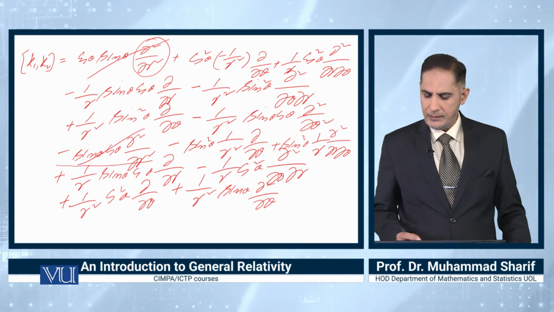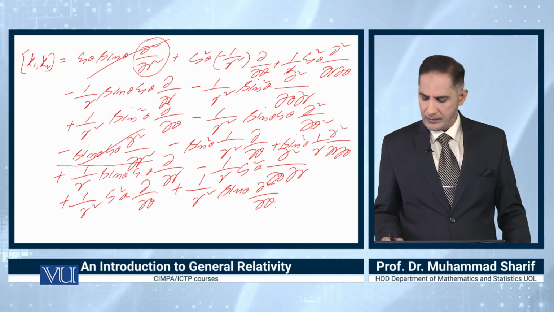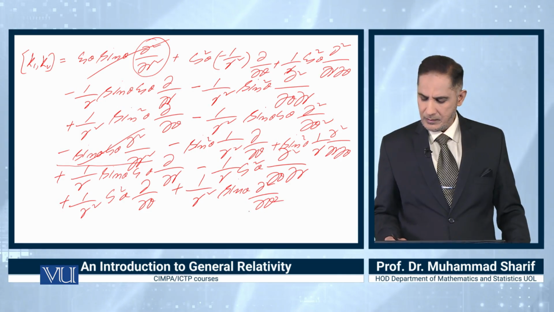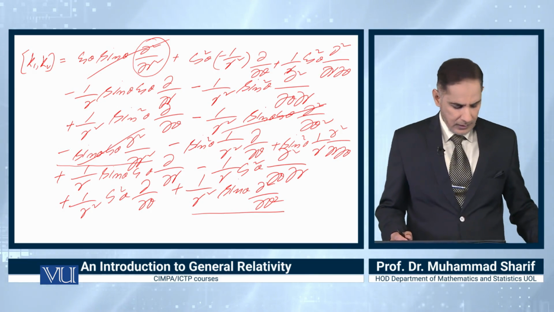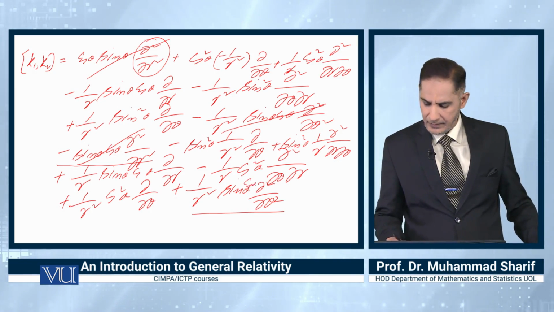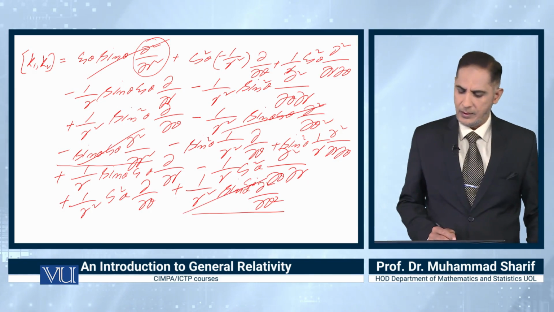Next we see partial square, this type of terms, partial square by partial theta square. Here you can see this should go, I mean this is here cos theta. Okay.